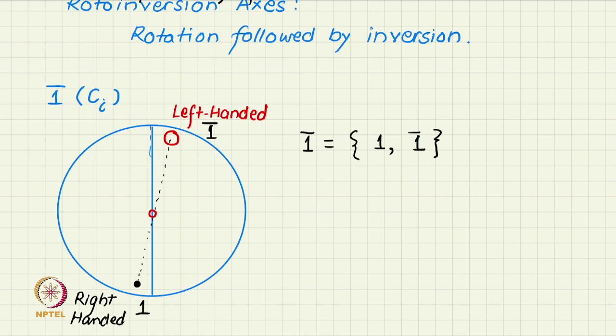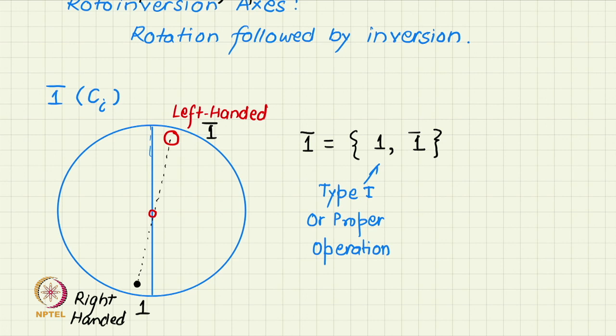Notice that 1 will always be there in all groups, identity will always be there in all groups. So, an identity is a type 1 or proper operation. Thus, even in improper groups, you will always have some operations which will be proper.